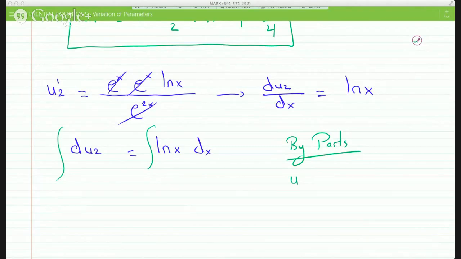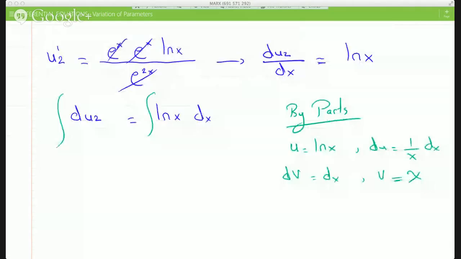So u is ln x, which makes du 1 over x dx, and dv is dx, because one is u, one is dv. If dv is dx, what's v? x. The integral of dx is x.